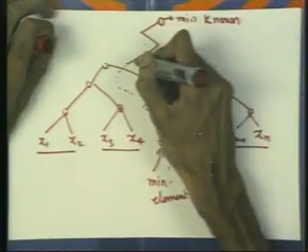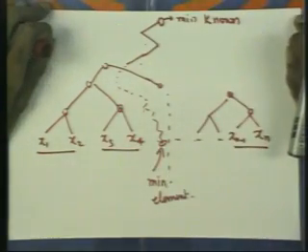Now let's look at this picture. How many elements did the minimum element win against? How many elements were compared with the minimum element? If you look at this picture and you follow this, at each stage in this path down from the root to the leaf, the minimum element was compared with exactly one element.